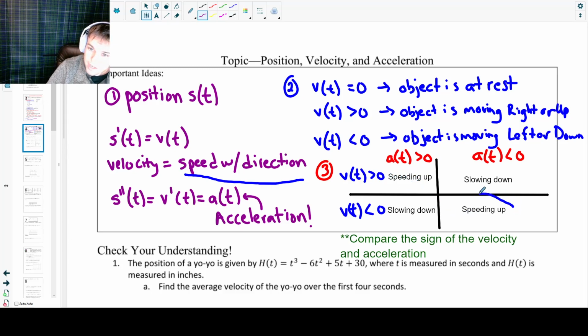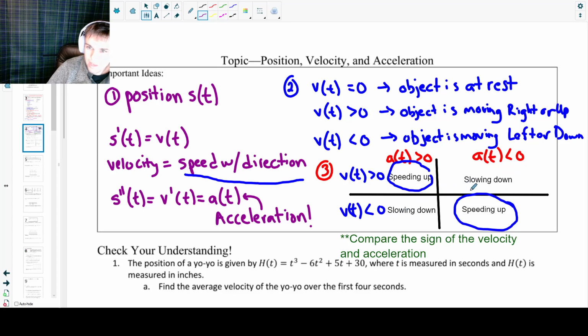And that's the same thing over here, right? In both these cases, we notice that it says speeding up because our velocity is positive, our acceleration is positive. Whereas here, our velocity is negative, it's less than 0, and our acceleration is negative. So we're already moving in the negative direction and getting more negative, or accelerating in the negative direction also.